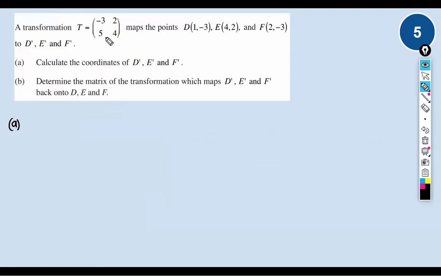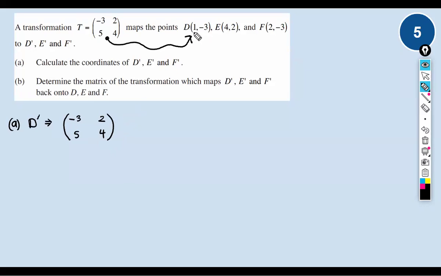When you take this matrix T and multiply it by D, you will get D prime, the new point. You're going to take the matrix -3, 2, 5, 4, and multiply by point D. But you have to be a little careful.